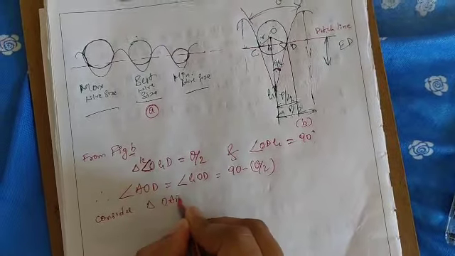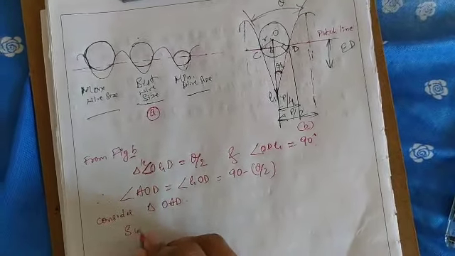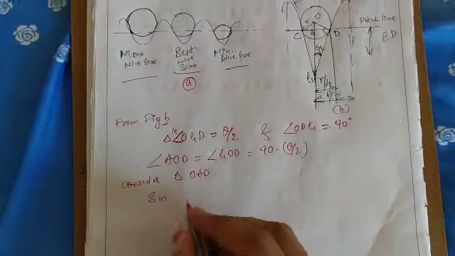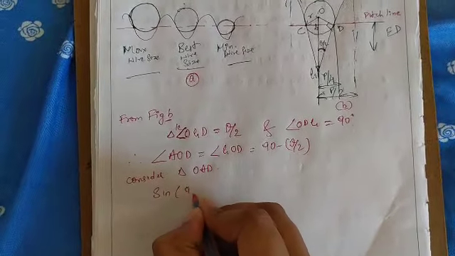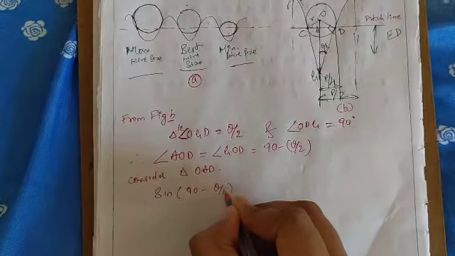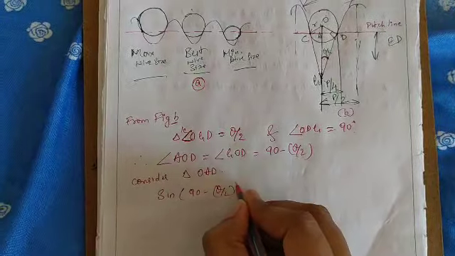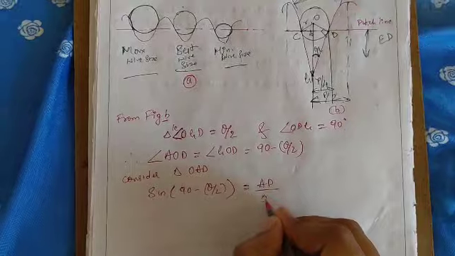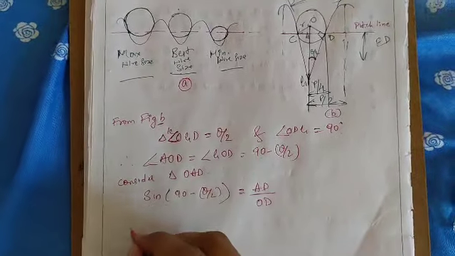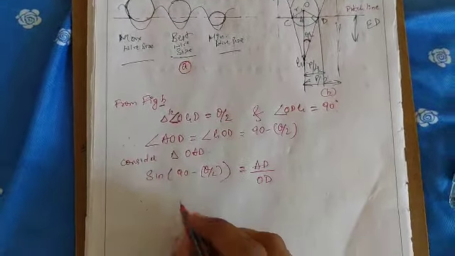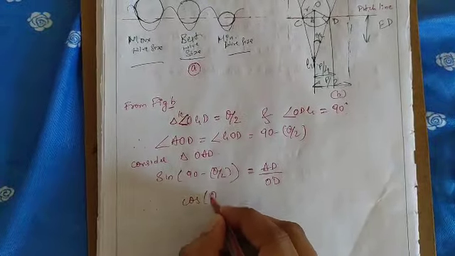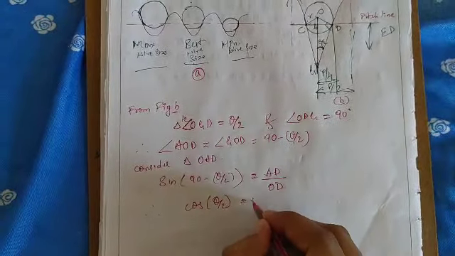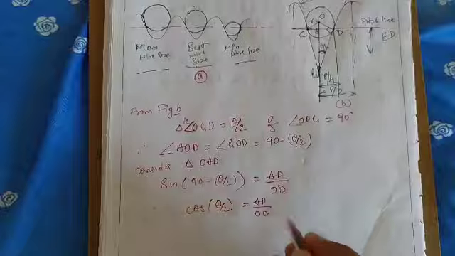Now consider triangle OAD. Sin of 90 minus theta by 2 is equal to opposite by adjacent. So sin of 90 minus theta by 2 is cos theta by 2, which equals AD divided by OD.